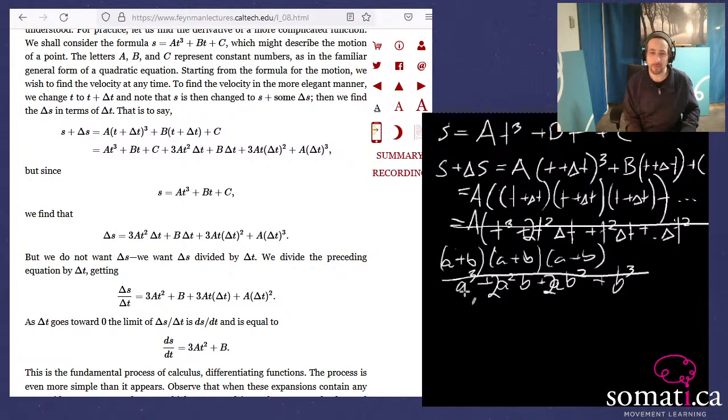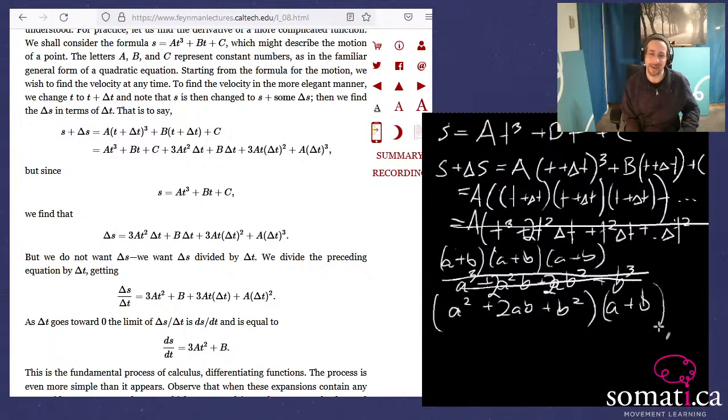I must be rushing or something. A squared plus 2ab plus b squared. Hey, look, I did one of them. Times a times a. Let's just do that.